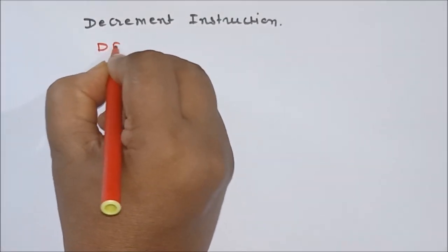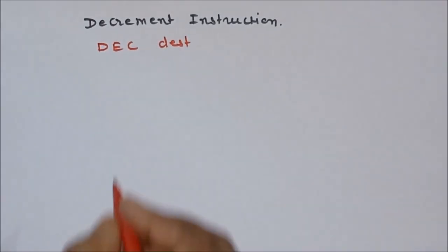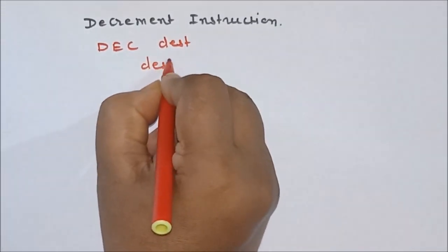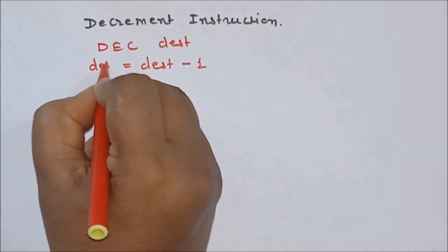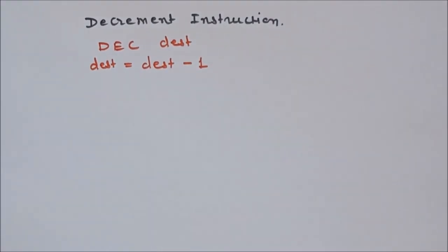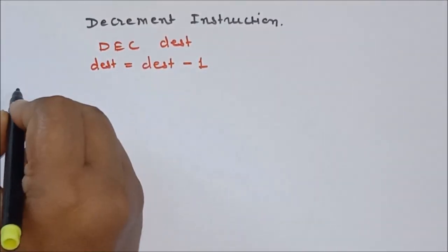The mnemonic is DEC, destination. Here the destination will be decremented by 1 and the result will be stored back at the destination. So same as the increment instruction, only here the contents are decremented by 1.